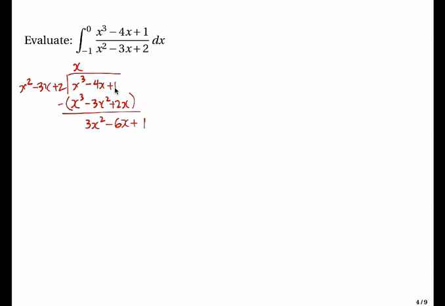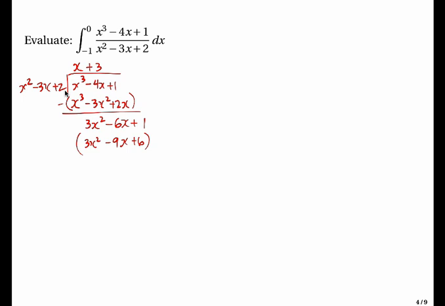And then next, this is 3x² and this is x², so we can still do the division. So you have plus 3, then 3 times x², that's 3x², then 3 times -3x, that's -9x, and then 3 times 2, that's +6.